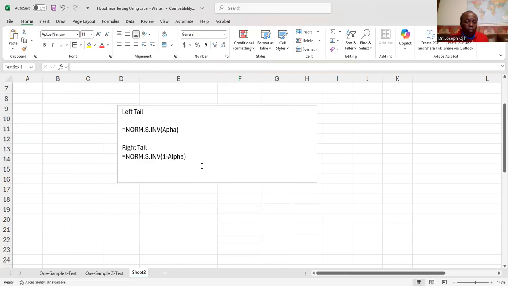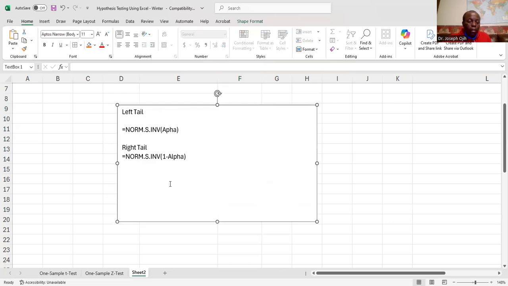For two tails, you're going to use equals NORM.S.INV. So it's 1 minus alpha, because it's two tails, that means two sides, so you have to use 1 minus alpha over 2.